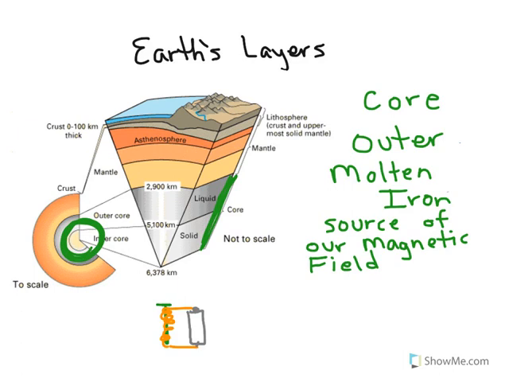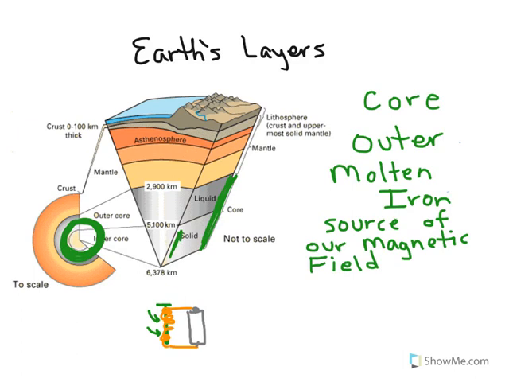Your nail will be able to pick up paper clips. So if you ever want to make your own magnet, just wrap some wire around a nail and attach it to a battery. And what's happening is you have charged particles going in circles around that nail. Well, in our outer core, we have charged particles going in circles around our inner core, and it basically makes the entire Earth a giant magnet.